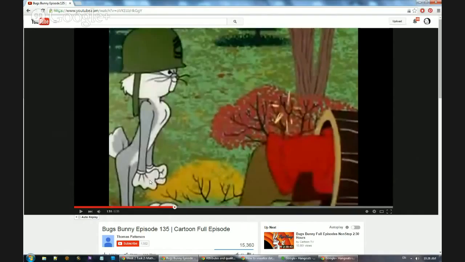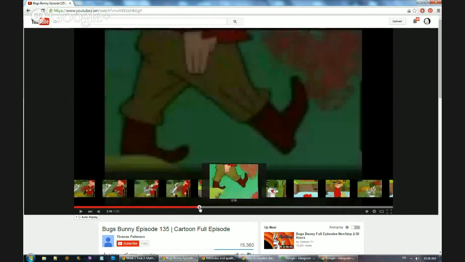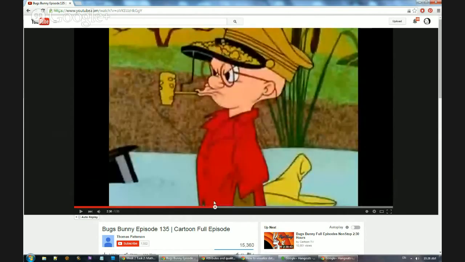So here is Bugs being very fierce and threatening his opponent because he's a fierce, brave soldier. And here is where the roles change. And we see a general suddenly being very stern with that soldier, and so on. So this is an example of a head standing for something else, for the whole character.